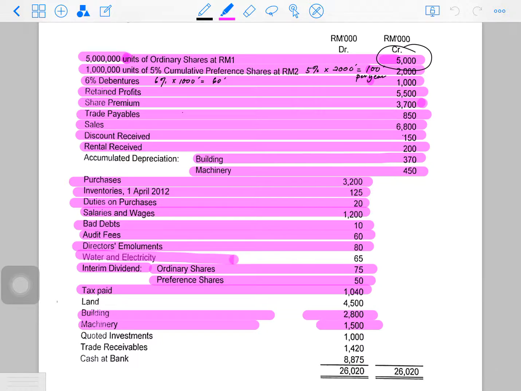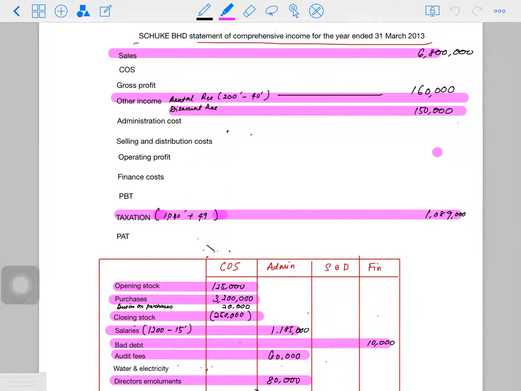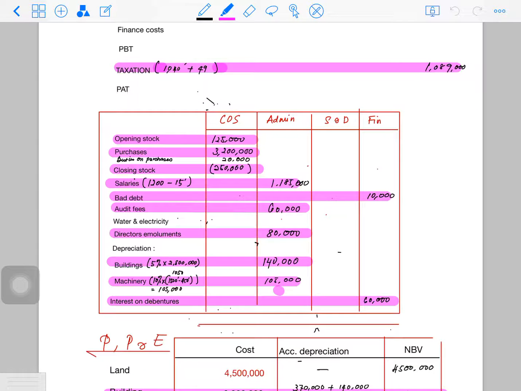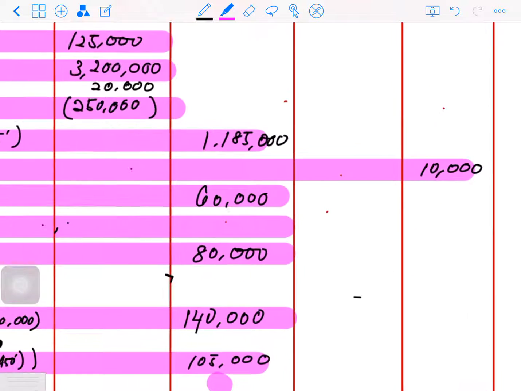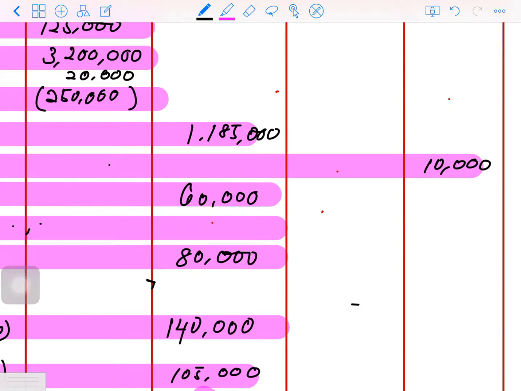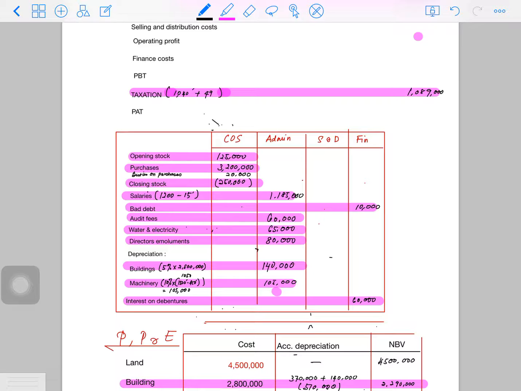Water and electricity, 65, also under admin, 65. Okay, 65.